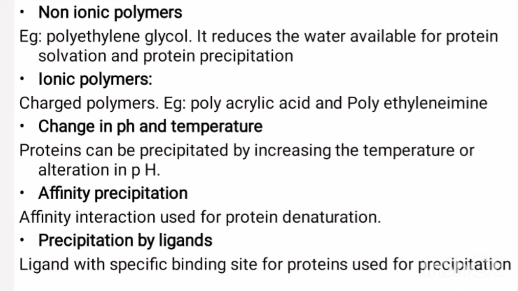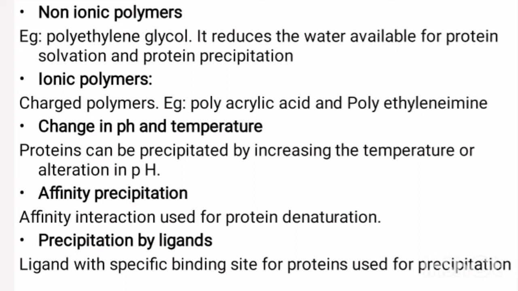It can form complex with oppositely charged protein. The charged polymer, that is the ionic polymer, can make complex with oppositely charged protein molecules. So that causes the charge neutralization and precipitation.